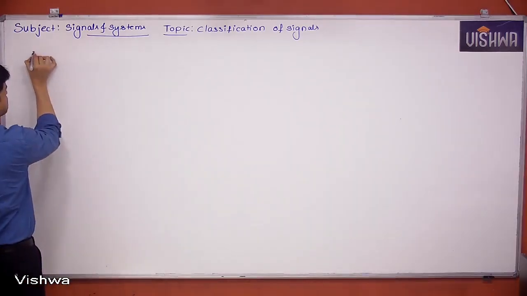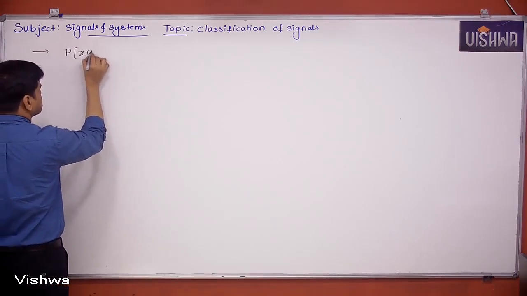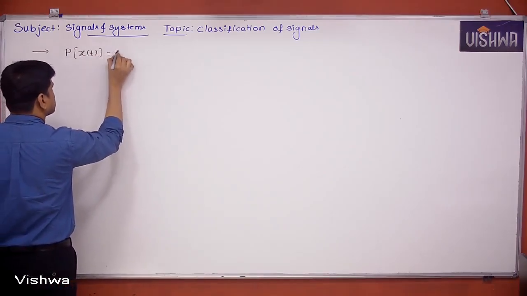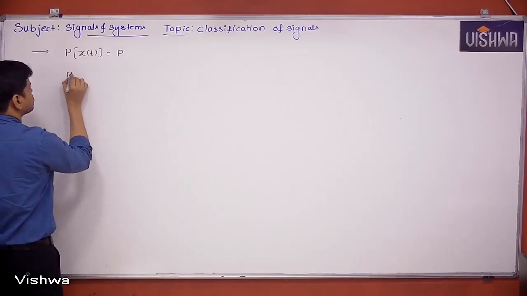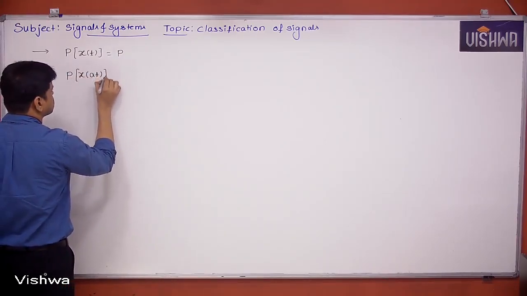If the power of a signal x of t is equal to P, then what is the power of x of at? That's the question.